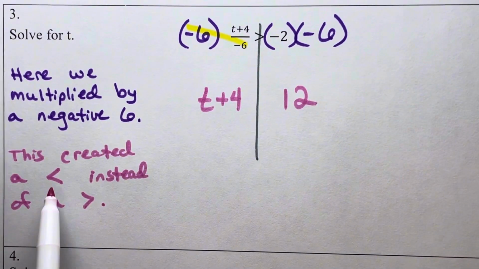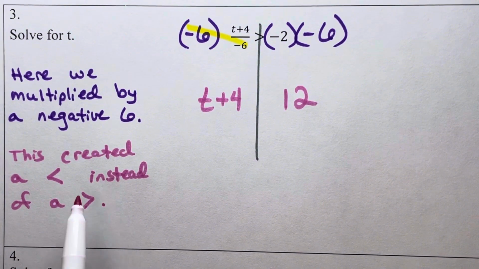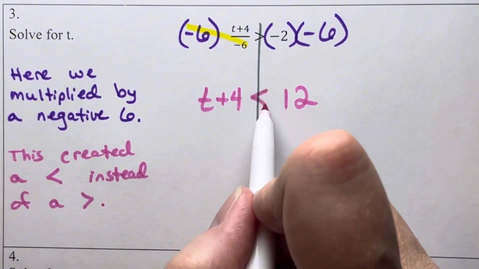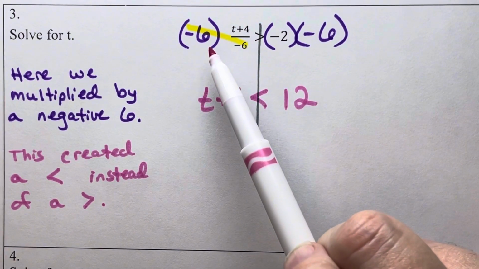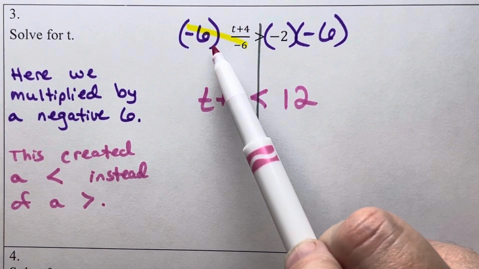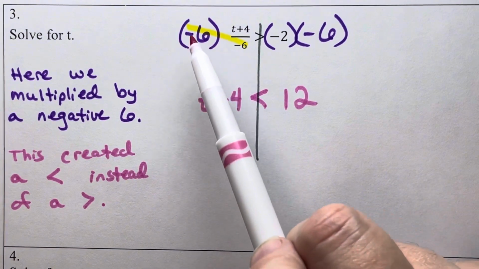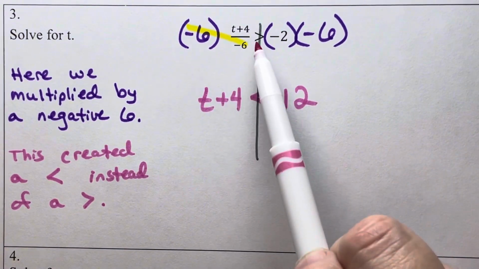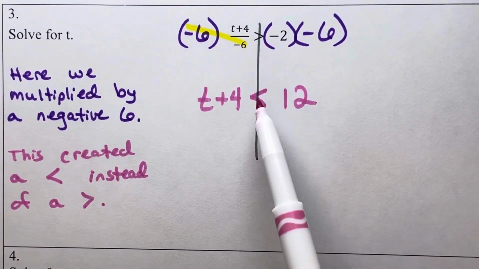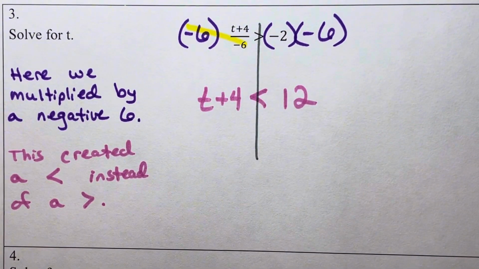It created a less than symbol instead of a greater than symbol. So remember, the one big difference when solving for a linear inequality is that when you multiply or divide by a negative number, you have to turn your inequality symbol to face the other direction.